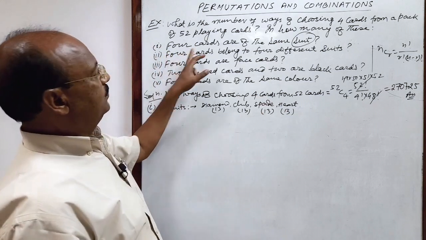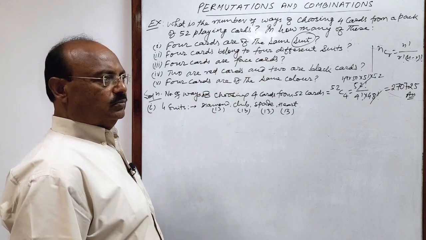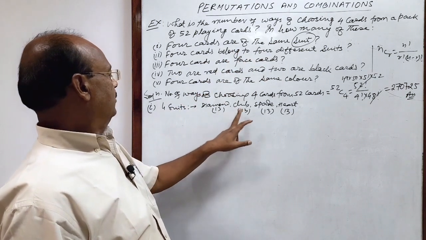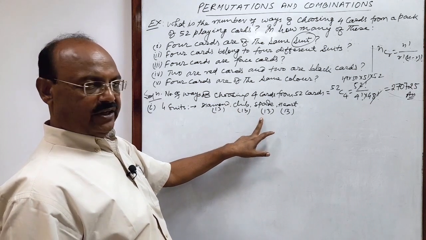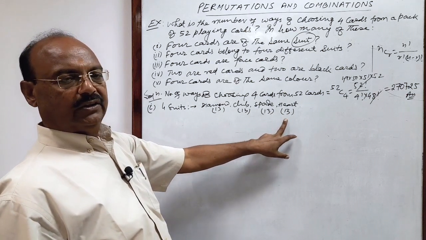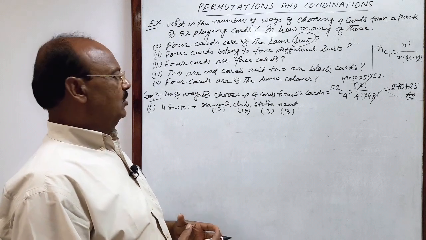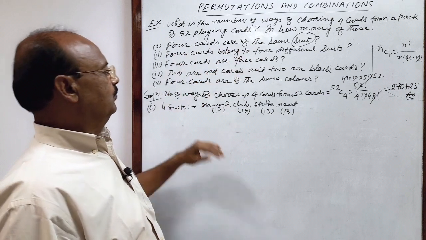And their question is 4 cards are of the same suit. So 4 cards may be selected from diamond, 4 cards may be selected from club, 4 cards may be selected from spade, or 4 cards may be selected from heart. So what is the total number of selection of 4 cards of the same suit?